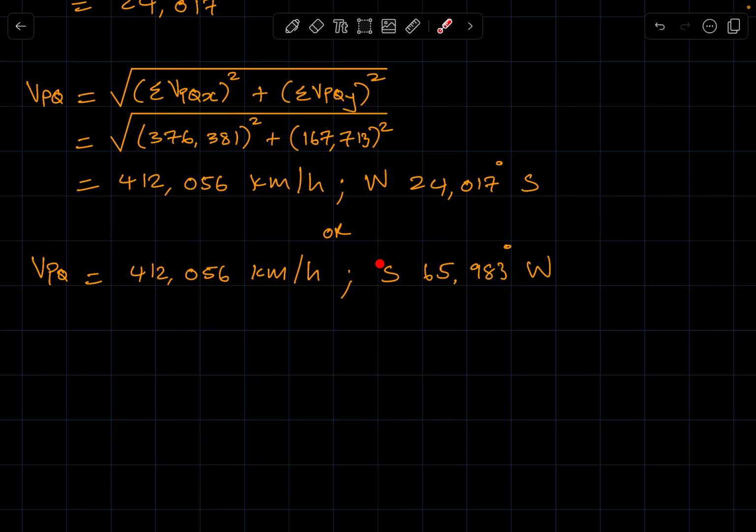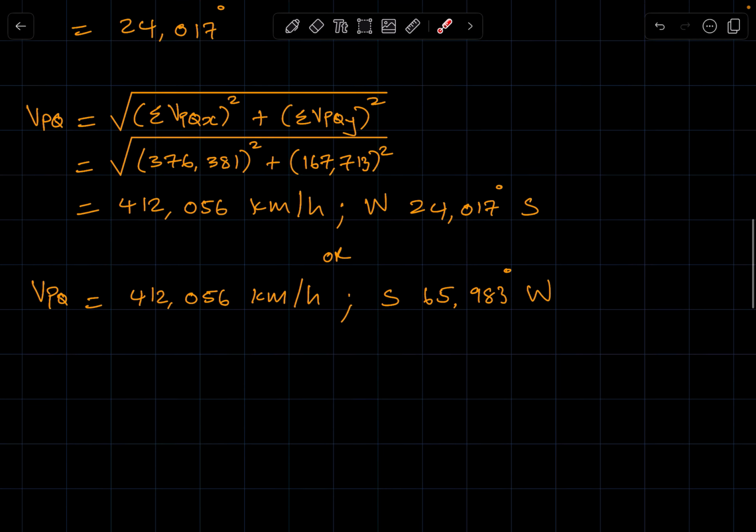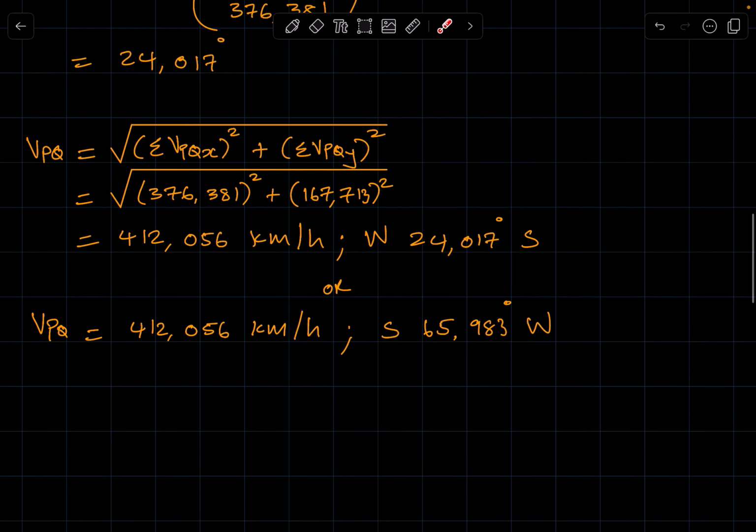Looking at the fact that we have south and west, that is essentially the third quadrant. Either way, this is how you solve problems based on relative velocity using the method of components.